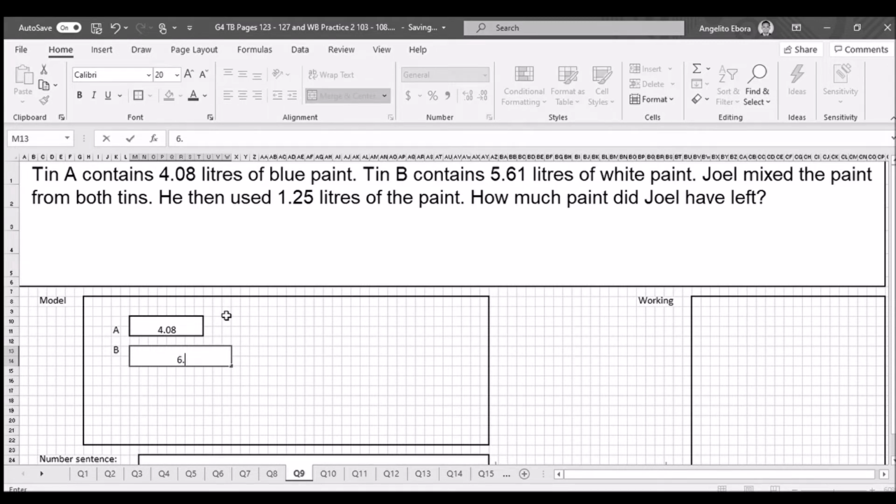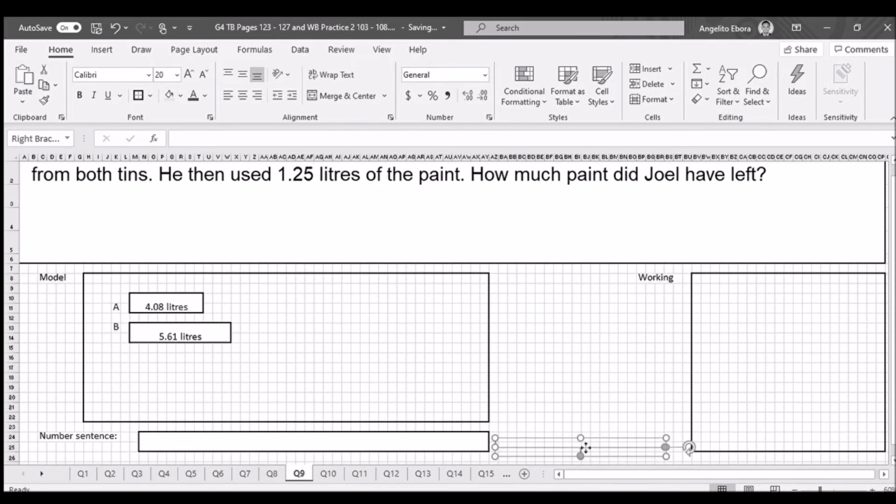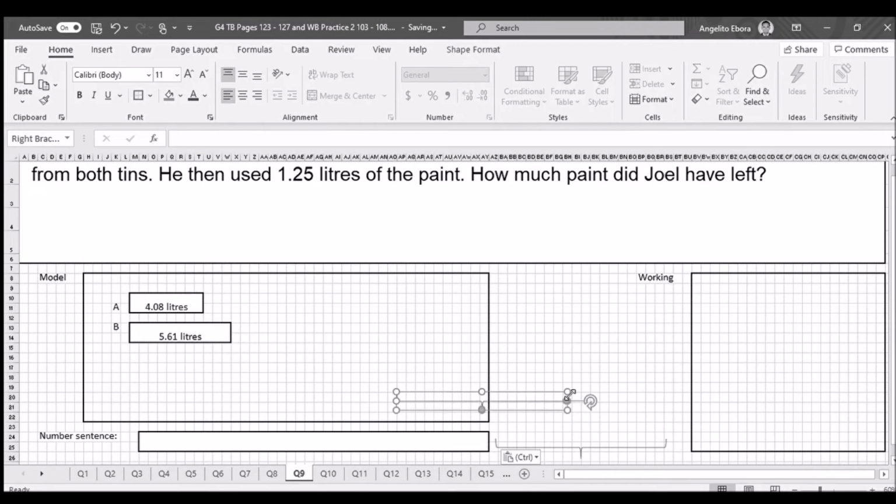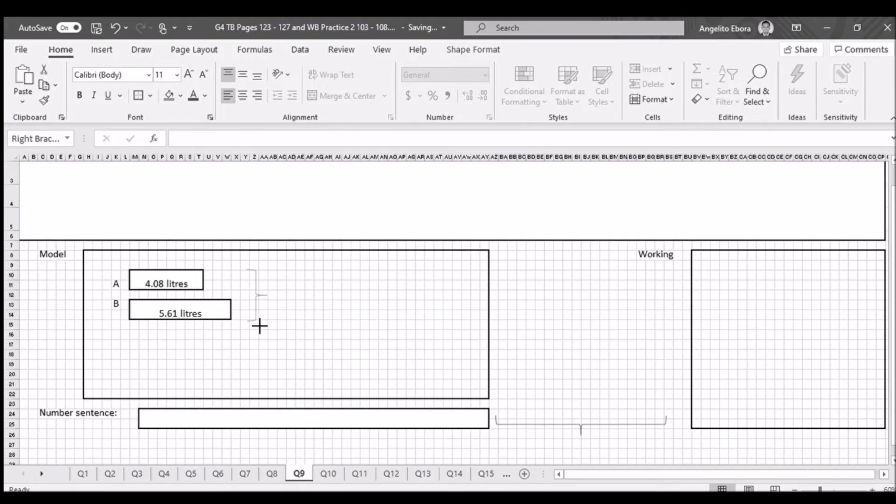So 5.61 liters. Okay, so what did he do? He mixed these two, right? So what do we do first? If we mix, what do we do? We combine. Let's combine this. So if we combine, what do we do? We add.